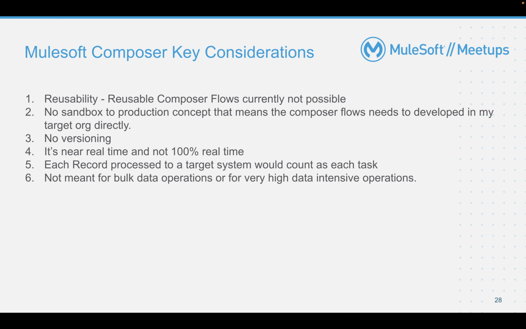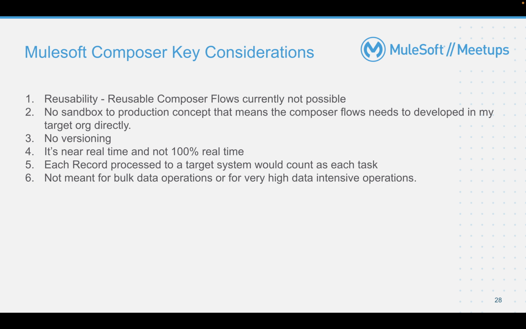The fifth point is that each record processed to a target system counts as a task. MuleSoft currently provides two packages. One is a purely standalone MuleSoft Composer package. Another one is the MuleSoft Automation package. In MuleSoft Composer, I think for $27,000 you get some 2.5 million tasks, and each task is counted as a record processed to your external system.